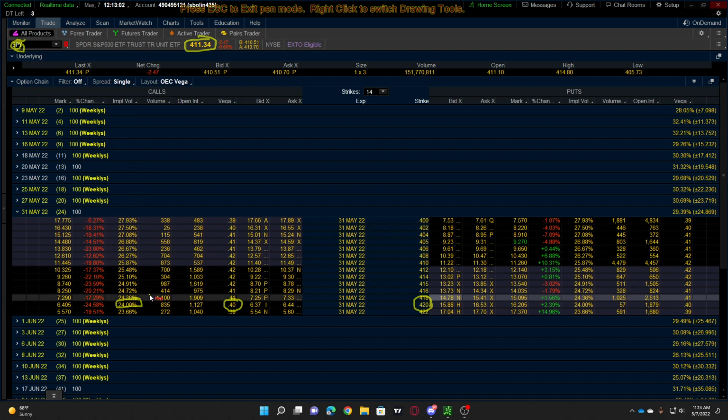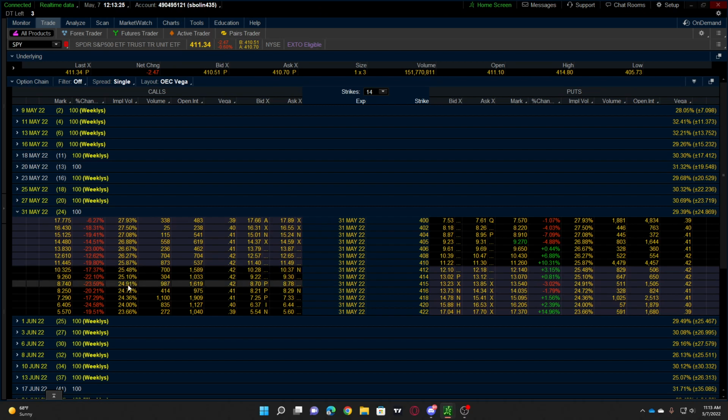So the 420 has a 24 vol. The 418 has a 24.36. The 412, if we just drag that across, has 25.48. Each change in there will change how much. That's where we look at Vega.